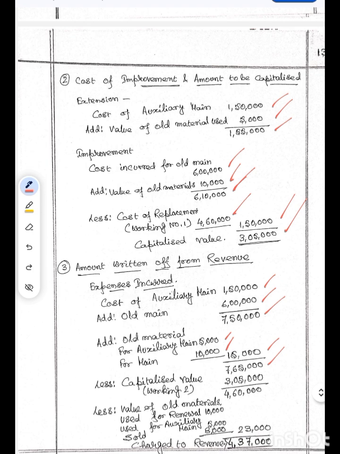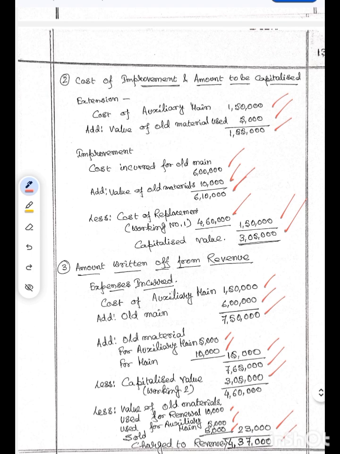Out of that 3,05,000 has been capitalized. So value of old material used for renewal 10,000, used for auxiliary main 5,000, and sold 8,000, total 23,000. So amount charged to revenue is 4,37,000. Hope the working is clear to you.